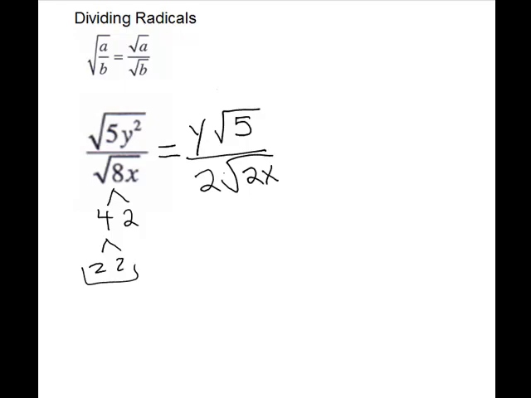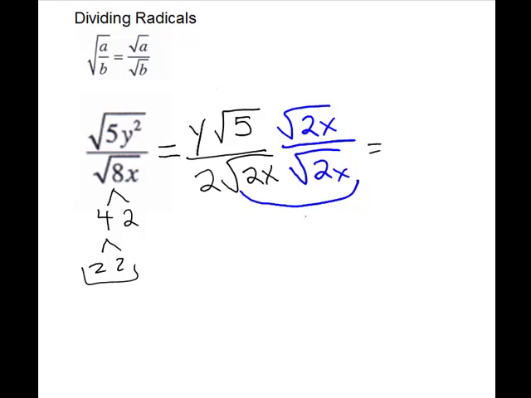Right, now we're not allowed to leave this square root of 2x in the denominator. So if we multiply by square root of 2x, that will get the radical off. Do the same to the numerator. For the 2 on the denominator, it will just give you a 2x. All right, you have a 2 on the outside. On the numerators, this y will stay on the outside, and the radicands will multiply together to give us 10x.